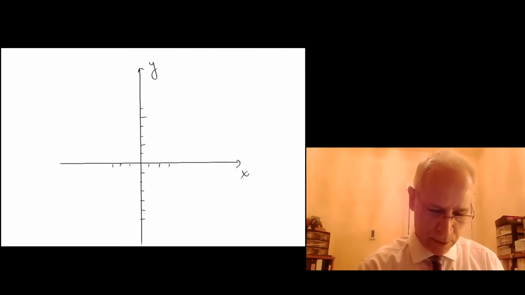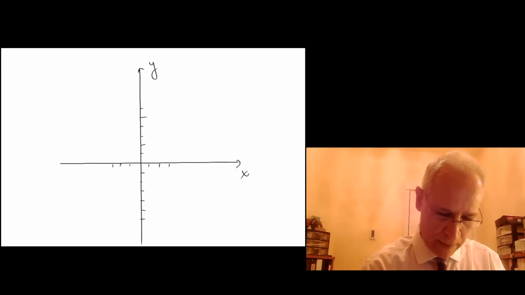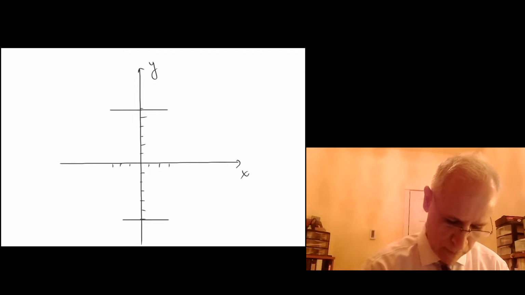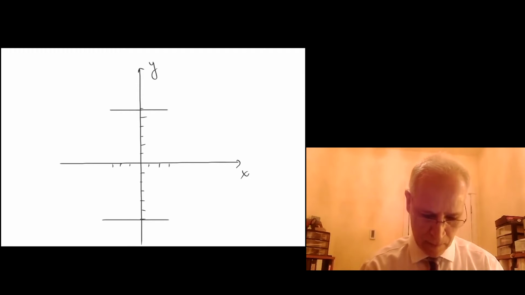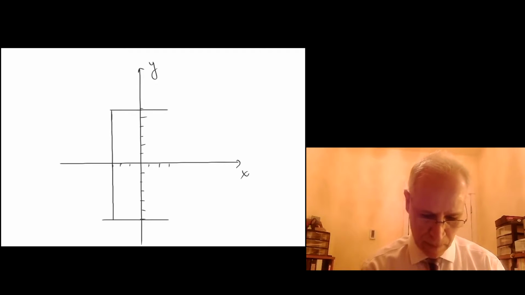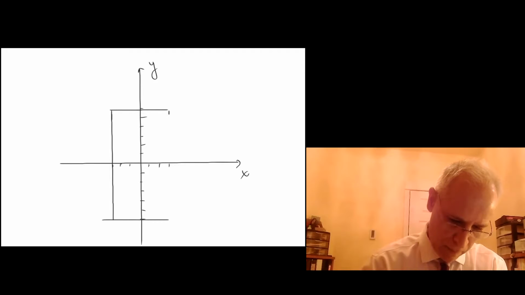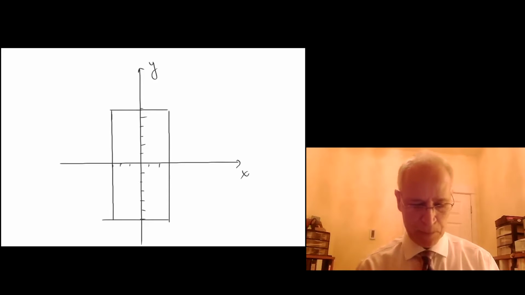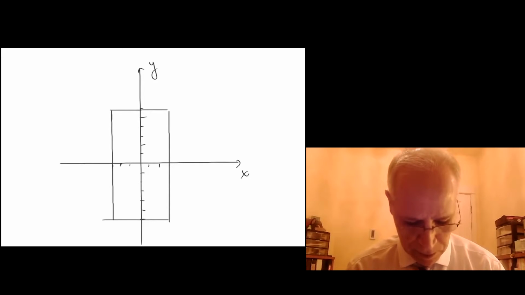And now I can make my reference box in here. 1, 2, 3, 4, 5, 6. Okay, let me put my asymptotes.